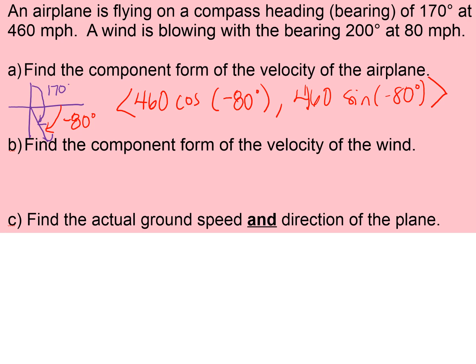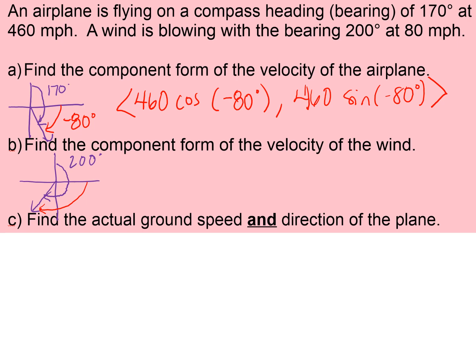All right, we're going to do the same thing now with the wind. Again, I'm going to draw a picture. The wind was blowing with a bearing of 200 degrees. Again, bearing is measured from due north. So 200, that would be 180 plus another 20 degrees. So that is a 200 degree bearing. But if I want to convert that to direction, I have to find this angle.